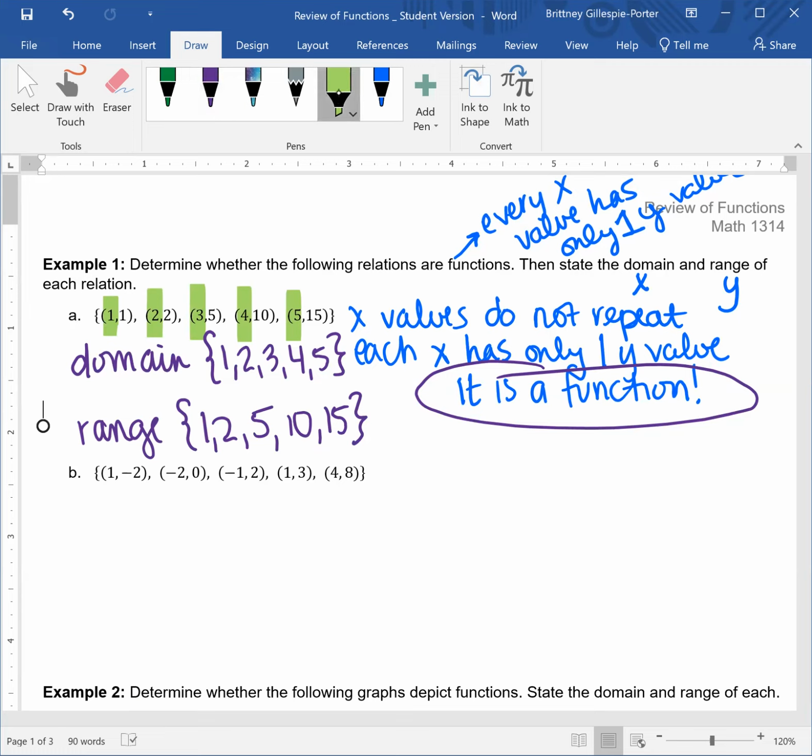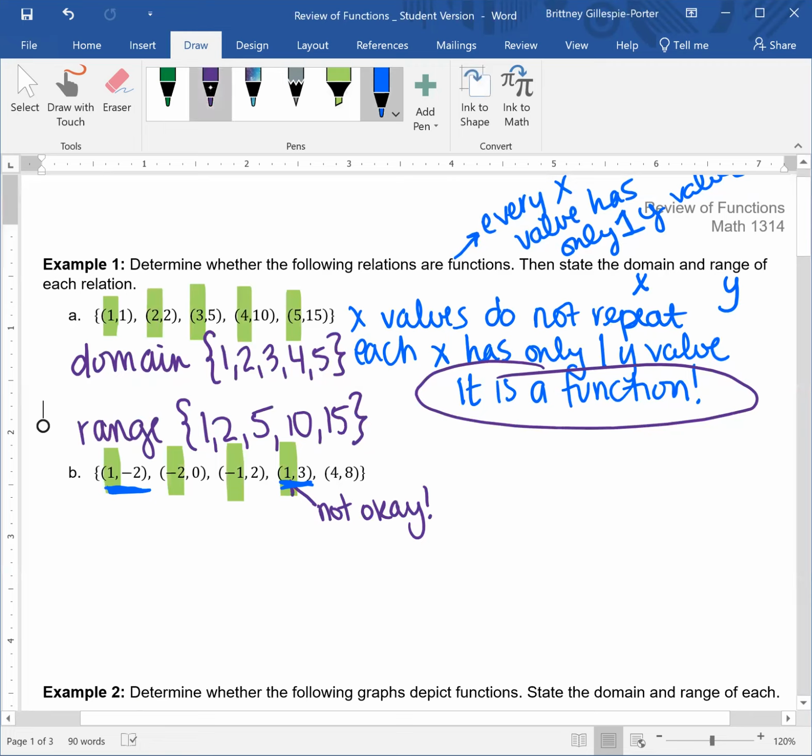Looking at our next one, part B, need to determine if it's a function. So let's look at our x values. We have 1, we have -2, -1, 1. And then you're thinking to yourself, wait a second, that's not okay. Because here we have two different values associated with x equal to 1.